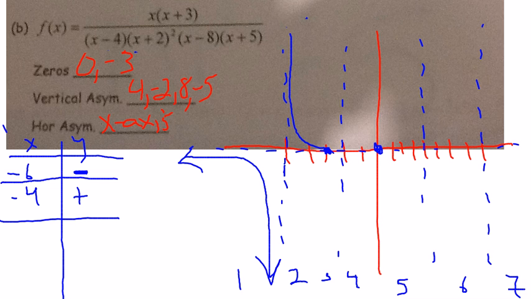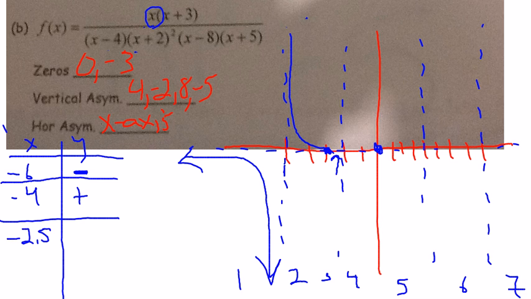Okay, now I'm going to plug in negative 1. So this is negative, that's 1 negative. This becomes positive. So actually, I'm not going to plug in negative 1. I'm going to plug in a value in between these two right here. So I actually have to plug in negative 2.5, which is a little bit more work than the rest of them. So negative 2.5.